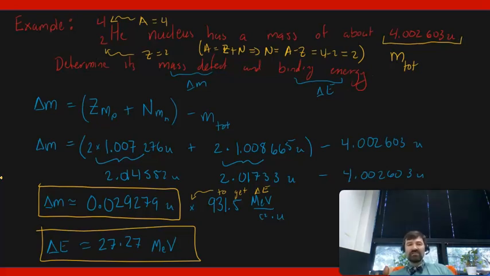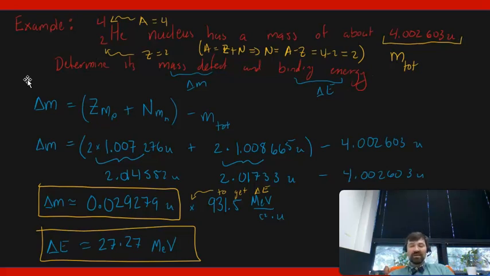So if I have 2 deuteriums, each with some binding energy, and I add those binding energies together and smash them together and get a helium with a 4 and a 2, and I have a different binding energy than the sum of those previous 2, that difference is the amount of energy that we would expect to either be required or in some cases be released by that reaction.